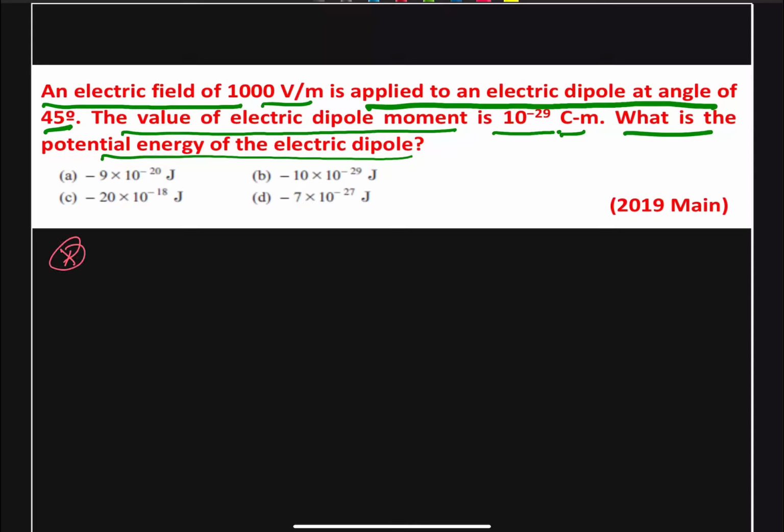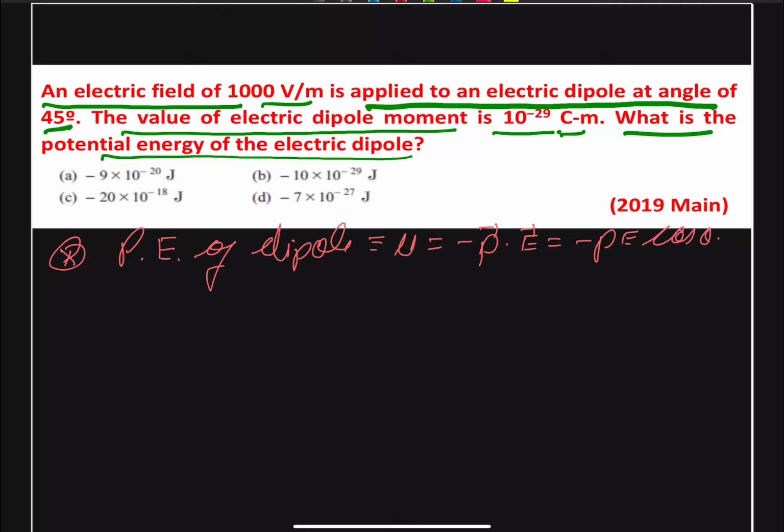So we know the potential energy of dipole, that is given as U, is equal to minus P dot E, which comes as minus PE cos theta.